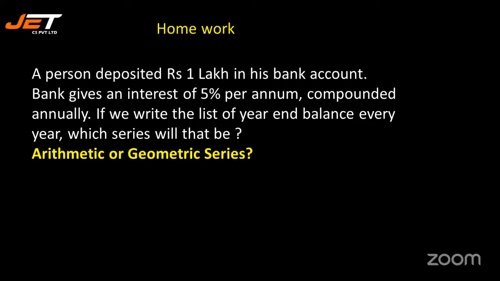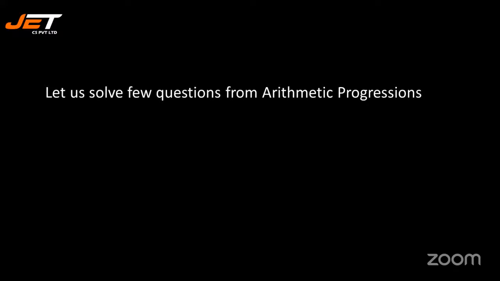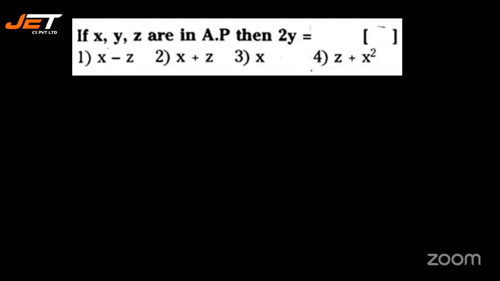Hope you would have taken down your questions. Now let us solve a few sums from arithmetic progression. See here, if x, y, z are in AP, then what is 2y? We saw that if it is GP, then it is B square is equal to AC.